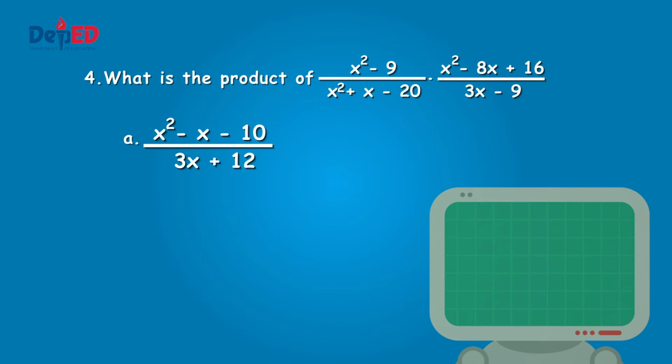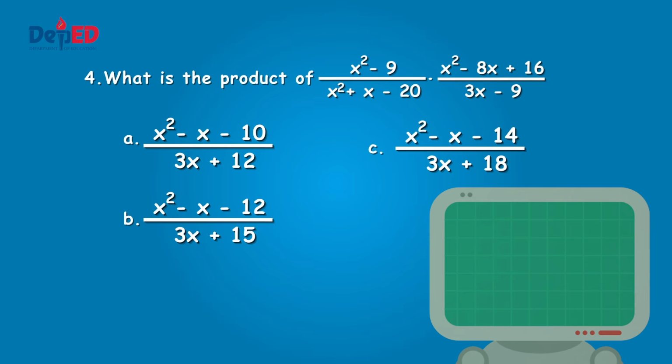Is it A, x squared minus x minus 10 all over 3x plus 12? B, x squared minus x minus 12 all over 3x plus 15? Or C, x squared minus x minus 14 all over 3x plus 18?